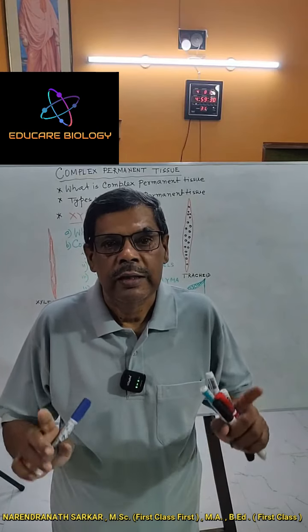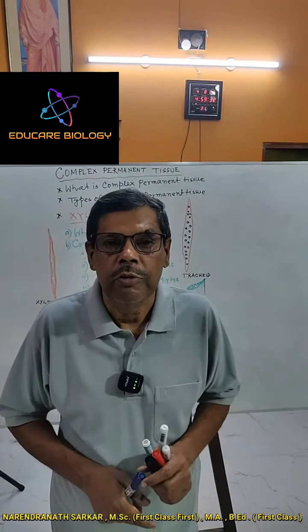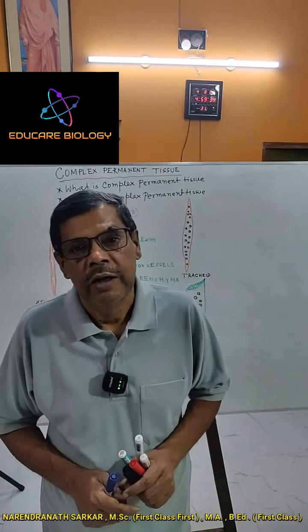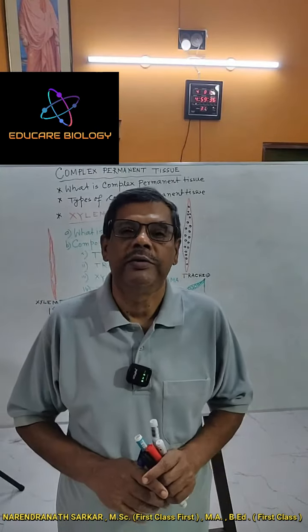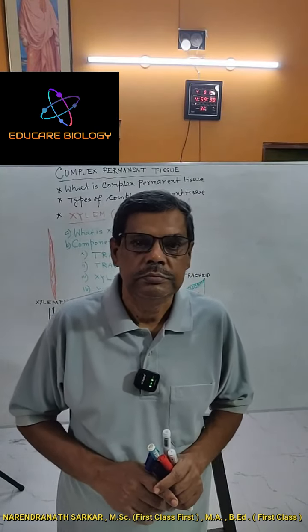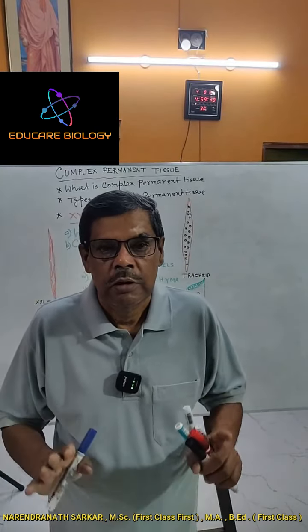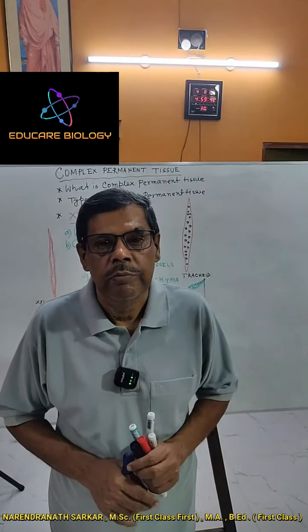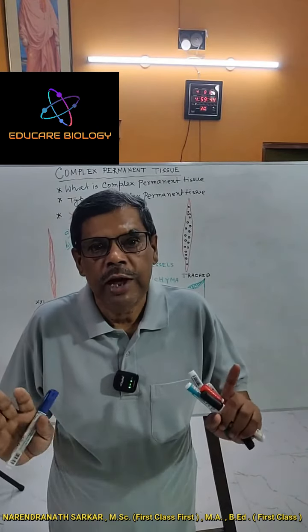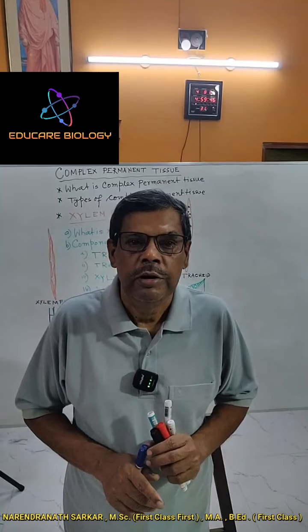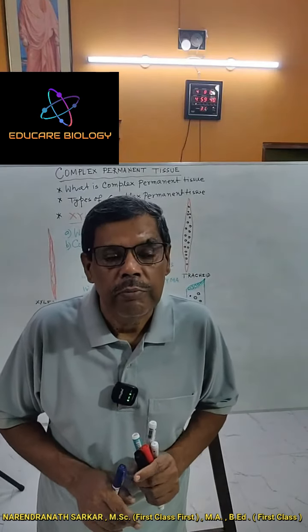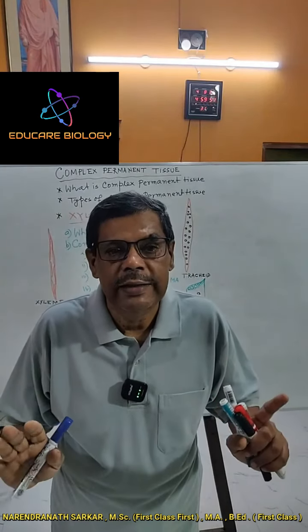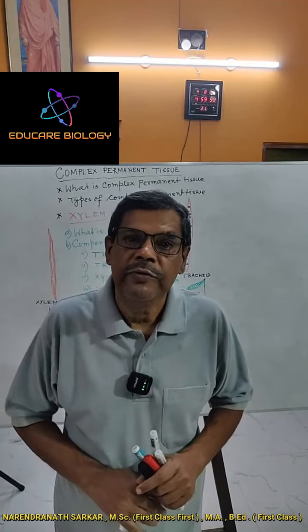So, complex permanent tissue may be called the conducting tissue of plants. These two types of permanent tissue combine to form vascular bundles in vascular plants.